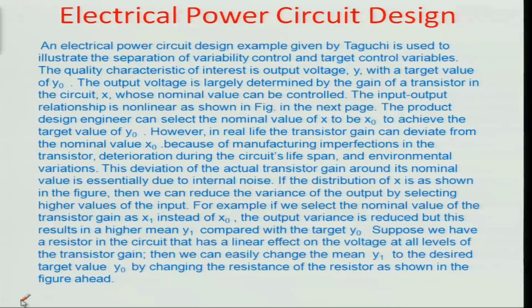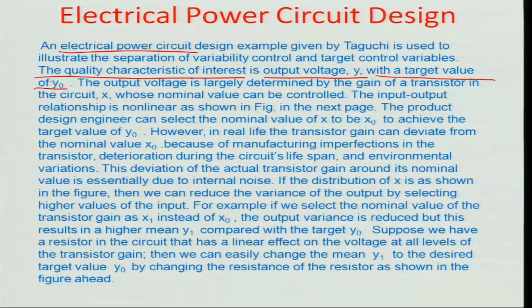Okay. So, let us say there is an electrical power circuit that you are designing in this particular case, and if you look at the quality characteristic of interest, this circuit gives an output voltage Y with the target value, let us say, of Y0.